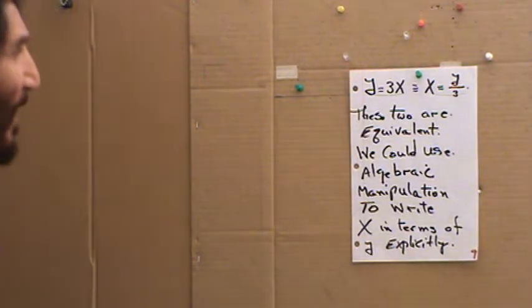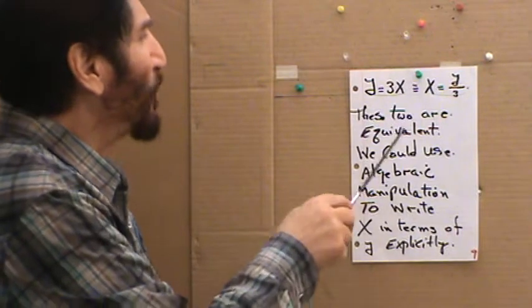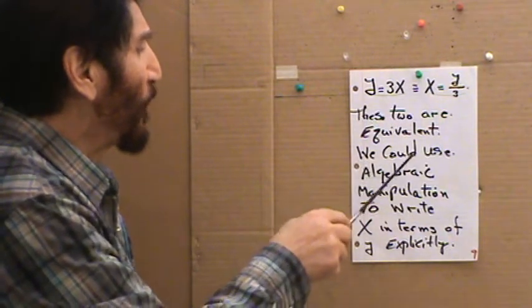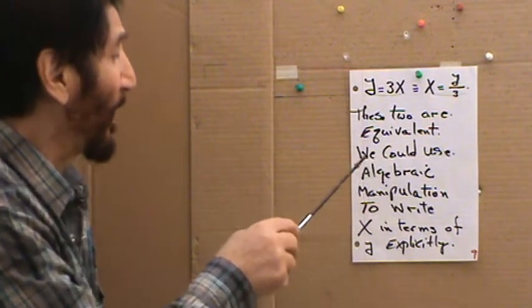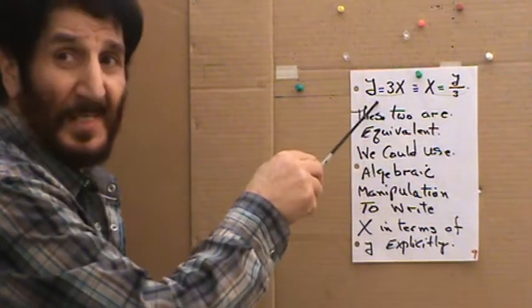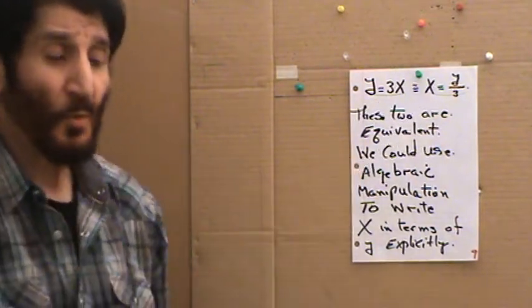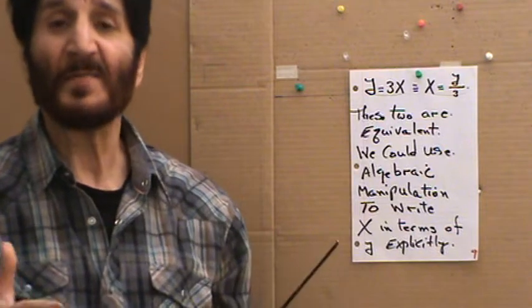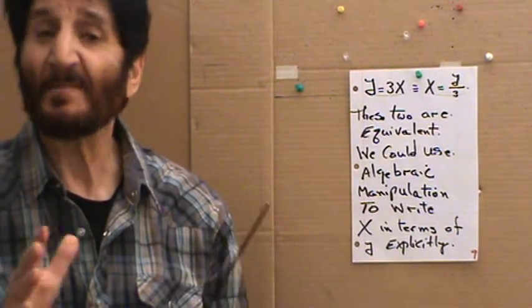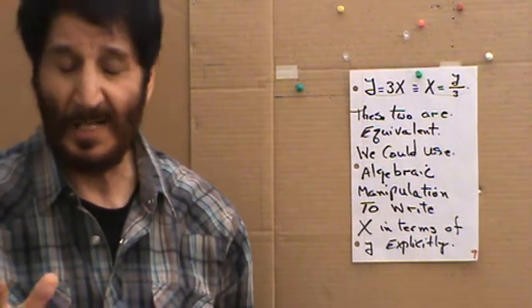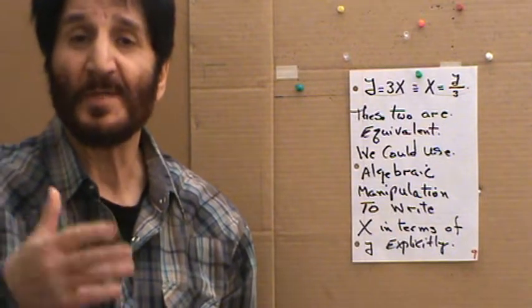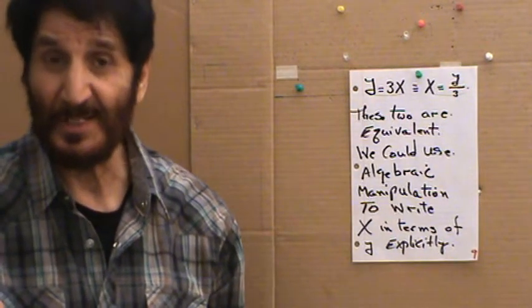Now here these two are equivalent, as I have said. We could use algebraic manipulation to obtain this from this or this from that. Now the question comes, what about if we have expressions that we could not use algebraic manipulation to create equivalent equations?